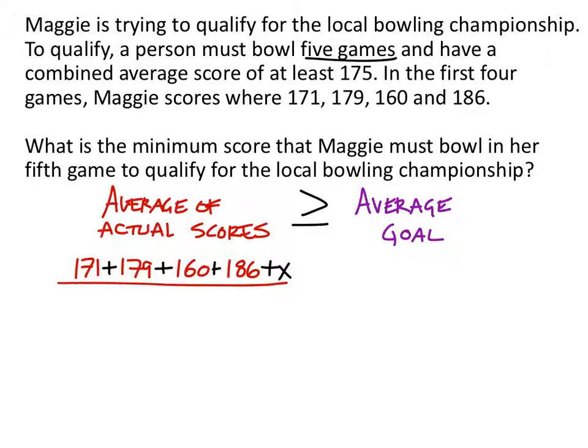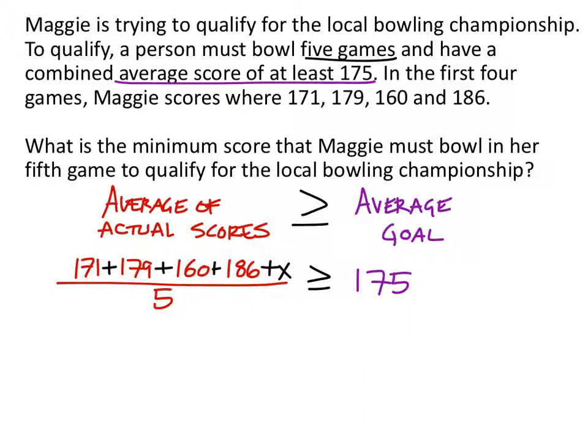The last thing we would do for the average is to divide this by 5. Now this needs to be greater than or equal to 175, the average score must be at least 175. So that's the goal that she wants.